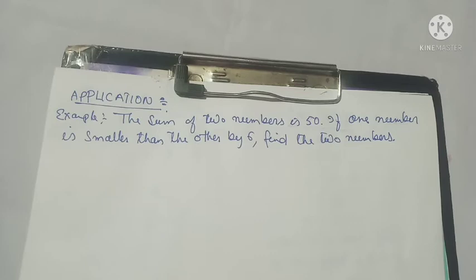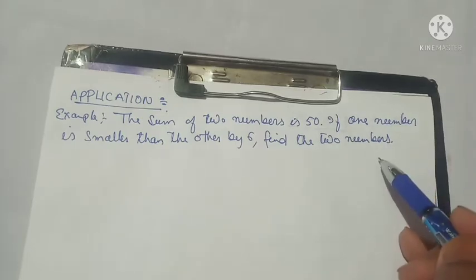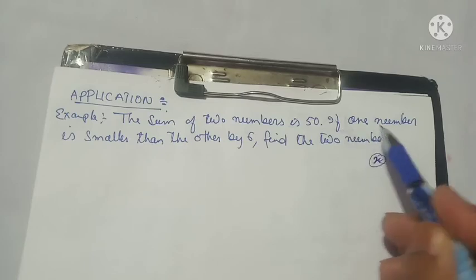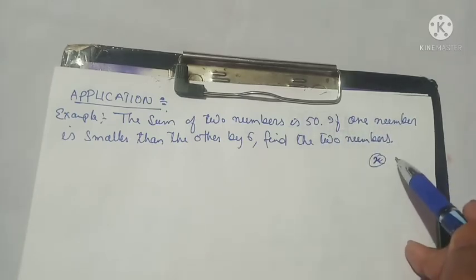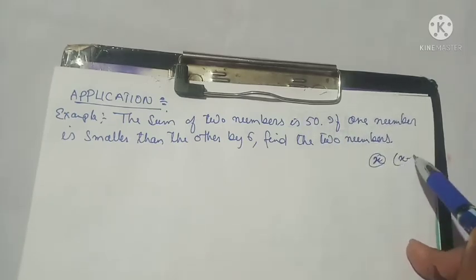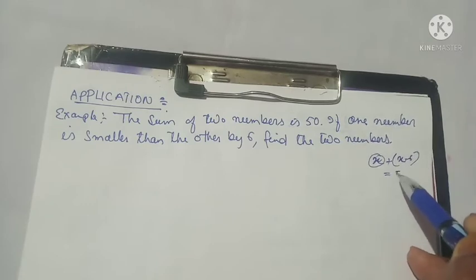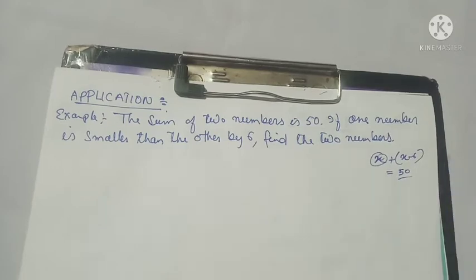We can take one number as x. If one number is smaller than the other by 6, it means the other number is x minus 6. If you add these two, the answer you will get is 50. In this type of question, first we have to find out the equation from the statement.